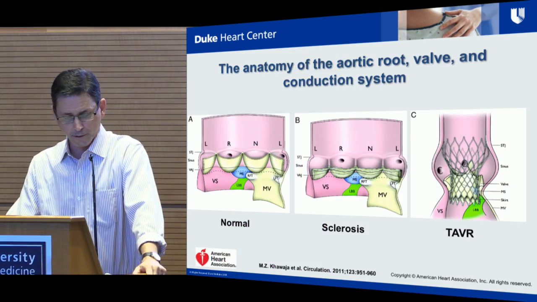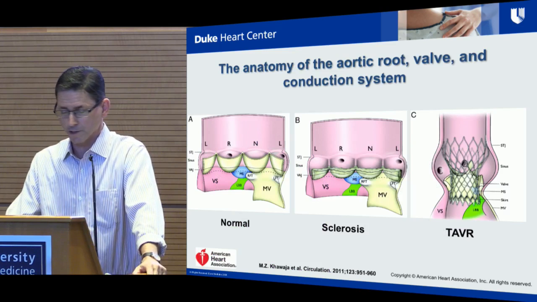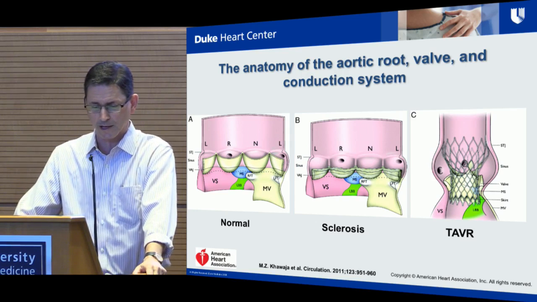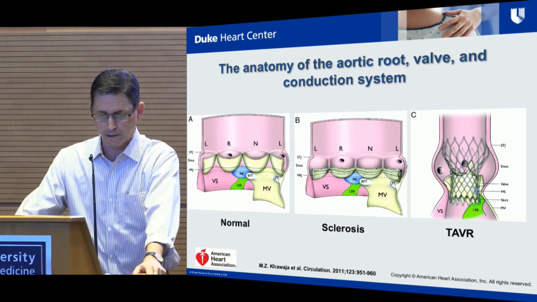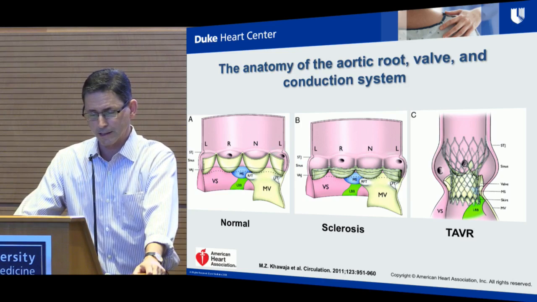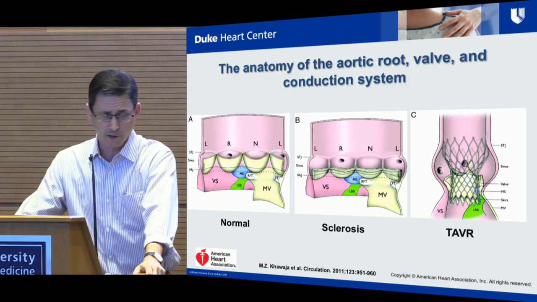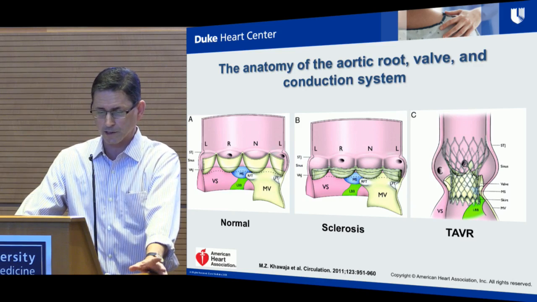But in some regards, the other thought is that some of these changes actually probably help a little bit in terms of avoiding pitfalls when placing a transcatheter valve. So on the left side, essentially a normal valve, showing you the cusps with the arrangement along the sinotubular junction, the membranous septum, the association with the mitral valve anterior leaflet, and in green you see the left bundle branch.